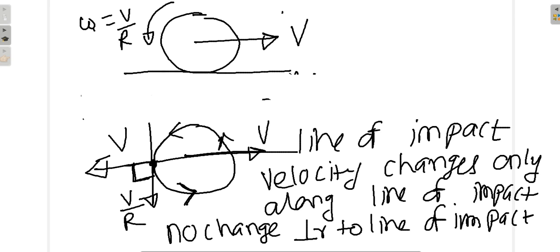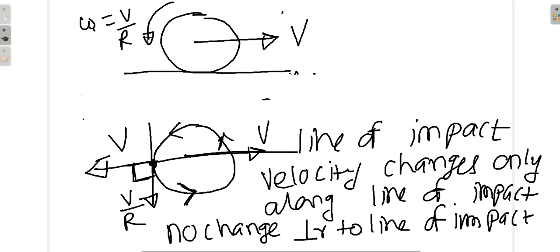Had omega been in the clockwise direction, the body would have started pure rolling, but here omega is in the anti-clockwise direction, whereas v is moving in the forward direction. So again, if you want a situation of pure rolling, then omega must be in the clockwise direction. So same thing will happen.